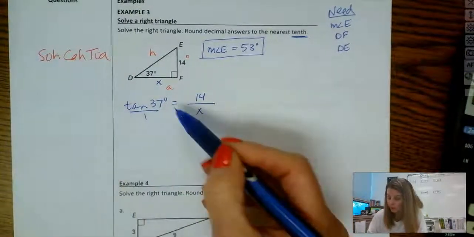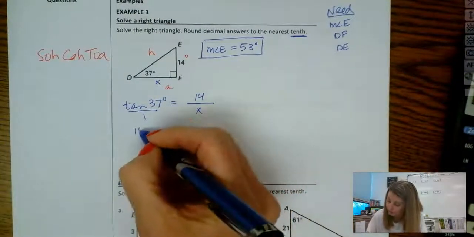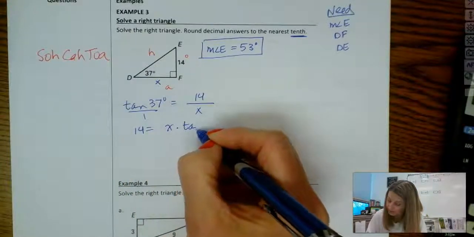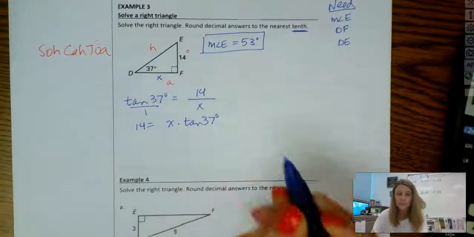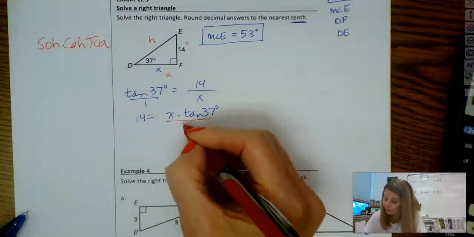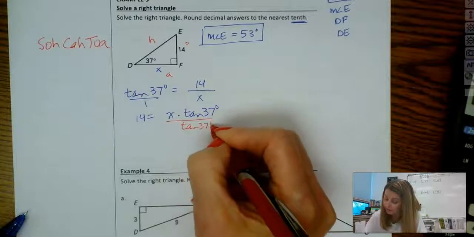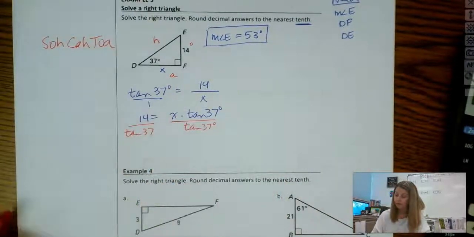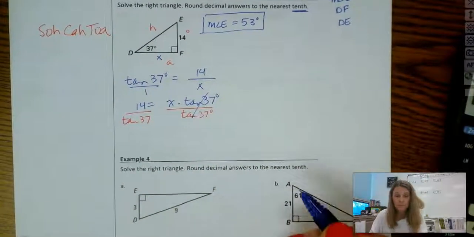If you make a proportion, we can cross multiply. So I'm going to have 14 equals X times tangent of 37 degrees. Solve for X, remember, that's just a number. So divide off the number, divide off the tangent of 37 on both sides. Okay, these guys cancel.